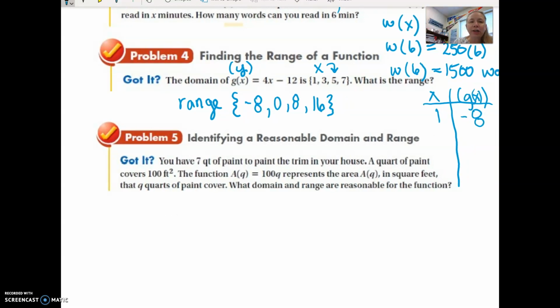It gives us a function rule: A of Q equals 100 times Q, where A of Q represents square feet and Q represents the quarts of paint that cover. They want to know what domain and range are reasonable for this function when painting the trim on our house. So first, let's look at the quarts.